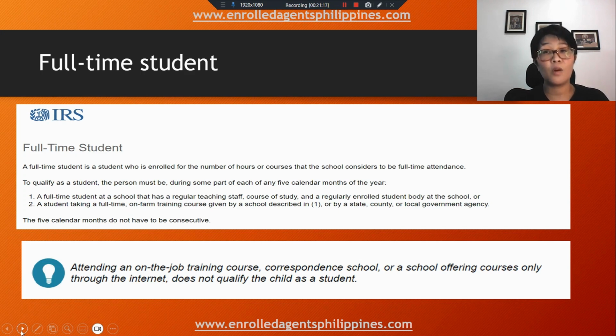So, ibig sabihin nun, X na siya dun sa age. No? Kasi, para mag-qualify, again, dapat hindi siya over ng 18. No? Hindi, kumbaga, parang ang benchmark is hanggang 18 years old ka lang. No? Pero kung mag-over ka ng 18 years old, kailangan full-time student ka. Okay? So, yun yun.